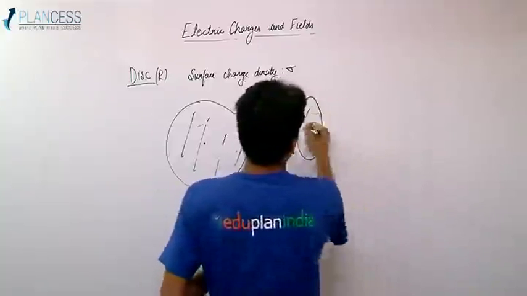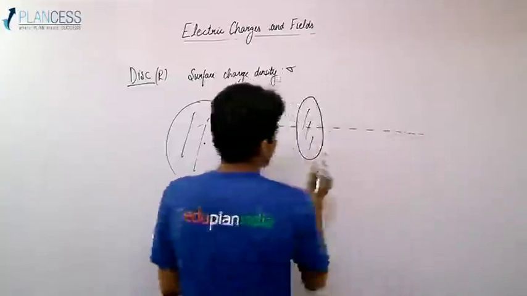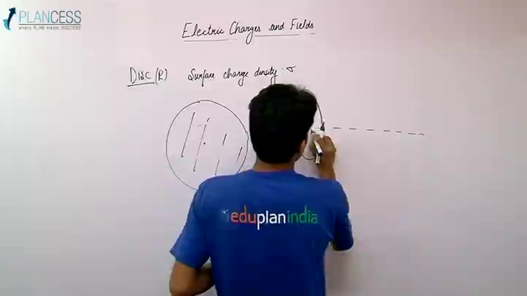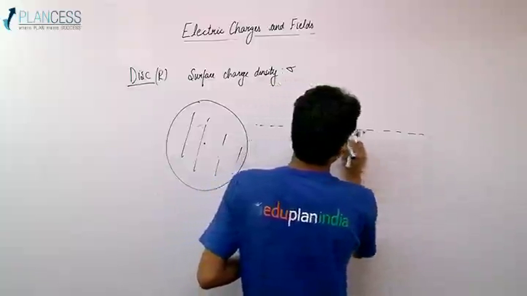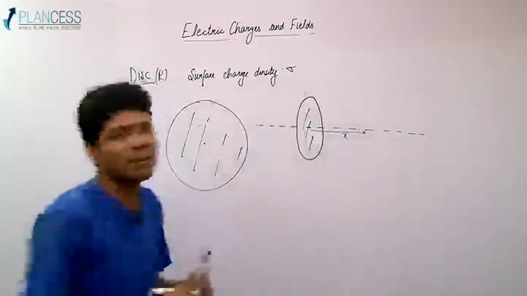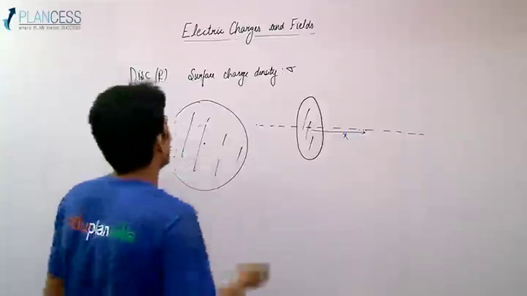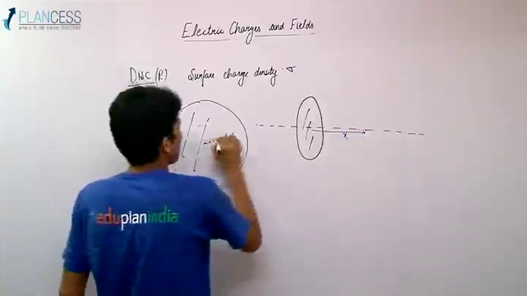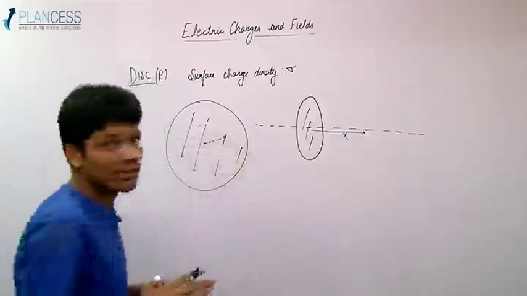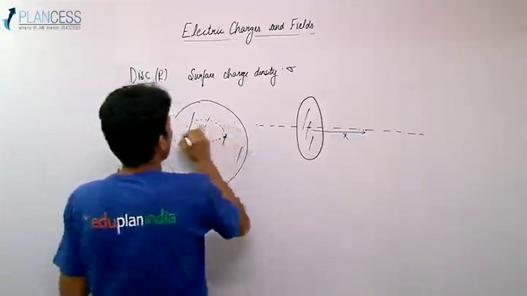So this is our disk, this will be our axis, this will be the center, and here somewhere would be a point x. Now, how are the elements taken on this disk which makes the question pretty easy? What we do is, we take a ring as our basic element at a distance r.